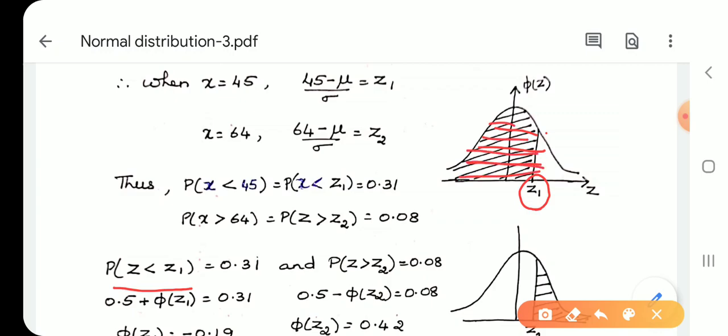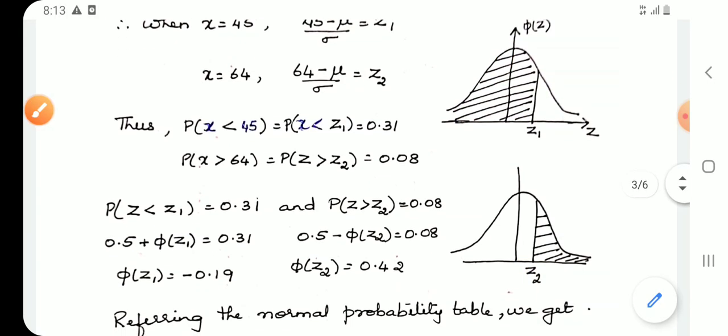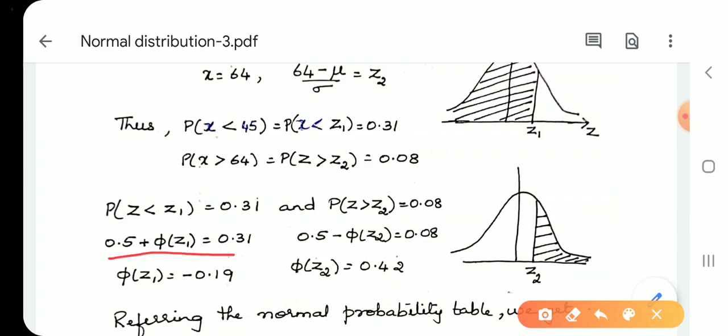That means it covers the other portion of the curve also. That means this portion of the curve is 0.5. So it will be 0.5 plus the remaining portion, that is phi of z1. So the first result can be written as 0.5 plus phi of z1 is equal to 0.31. Therefore, phi of z1 is equal to 0.31 minus 0.5, which we get as minus 0.19.